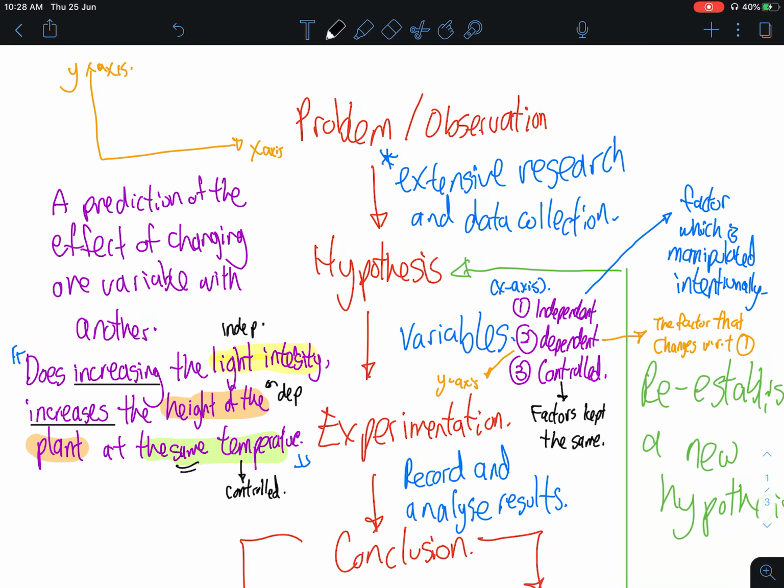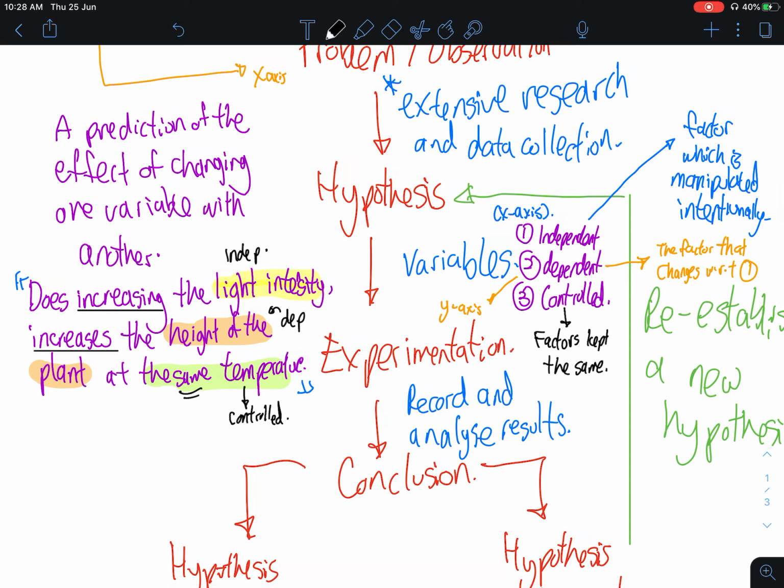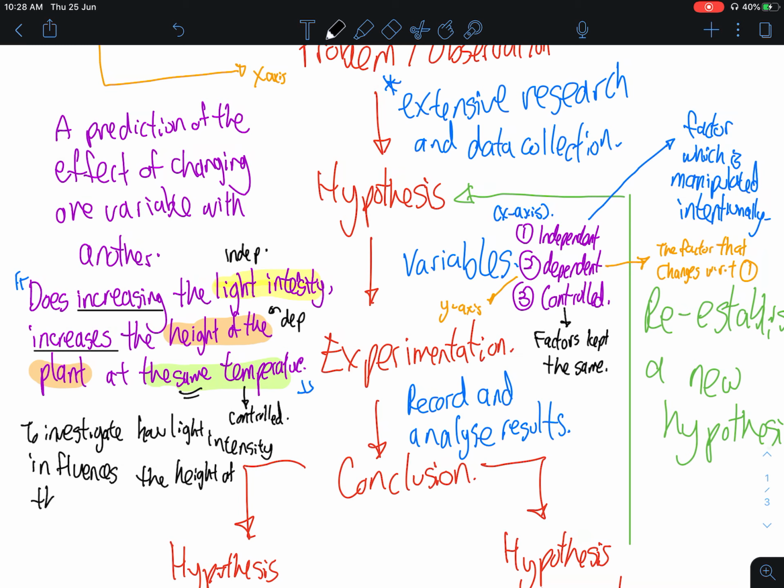It can even be as simple as, it doesn't have to be a relationship, it can be like, to investigate how light intensity influences the height of the plant under the same temperature.